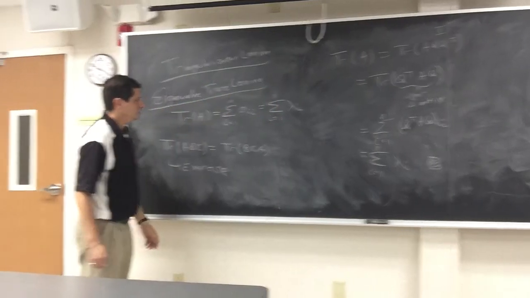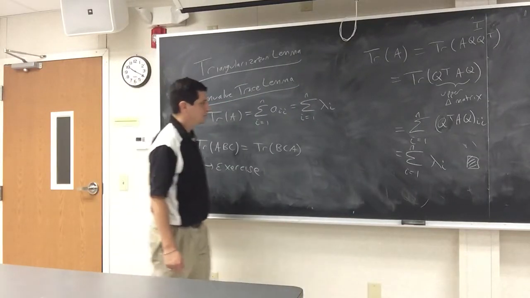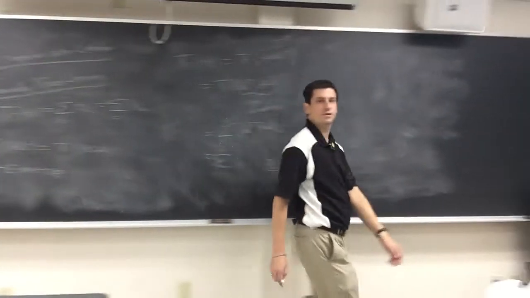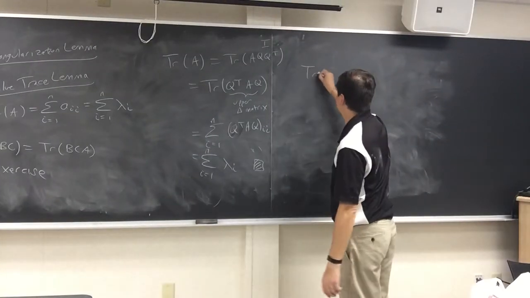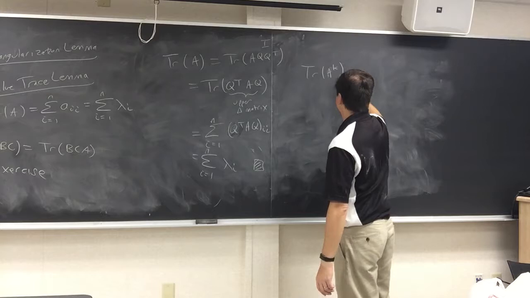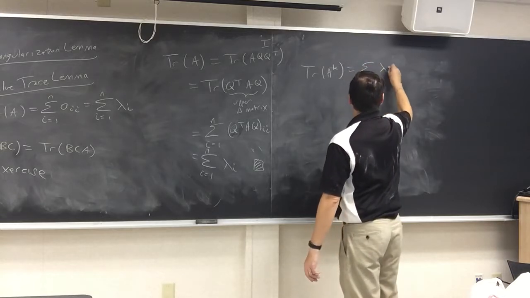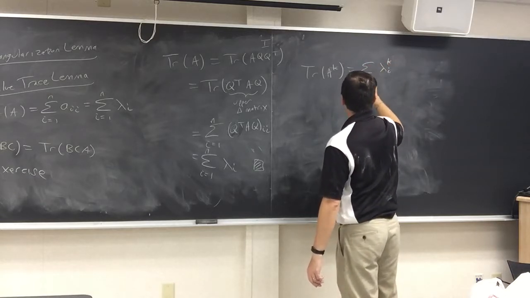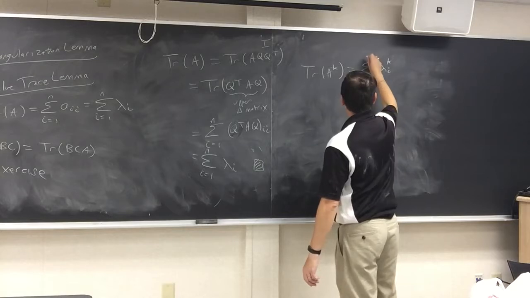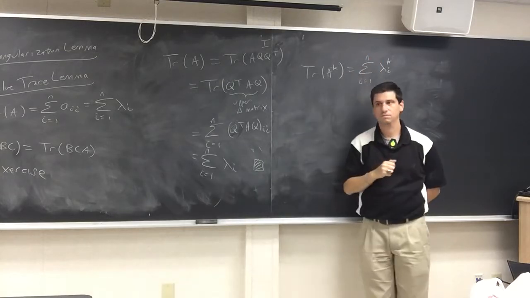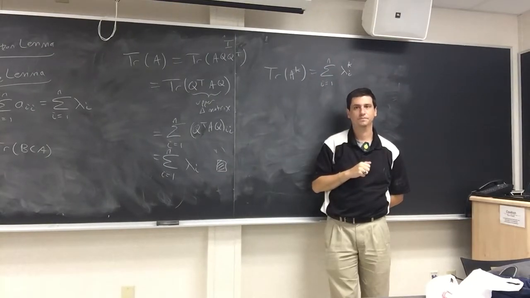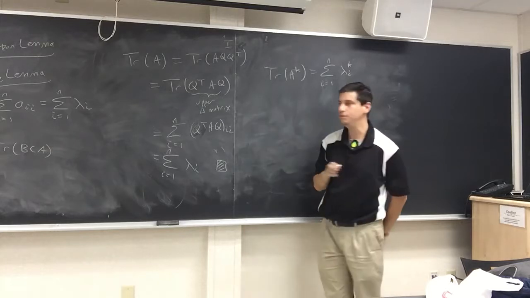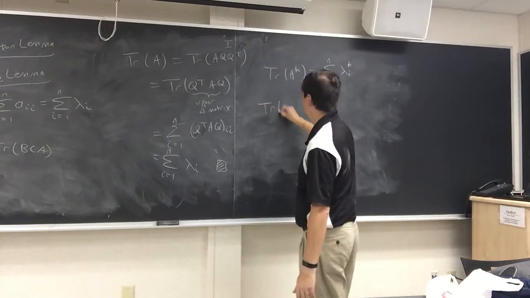The next thing is a slight modification. Let's look at the trace of A to the k. This is the sum of the eigenvalues of A to the kth power. So the proof is not too bad if you look at it the right way.